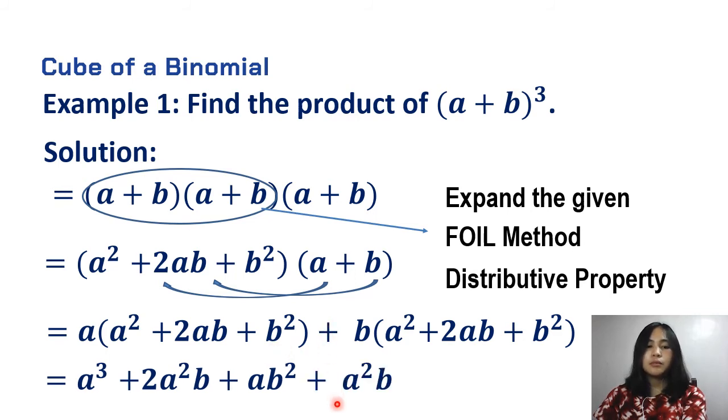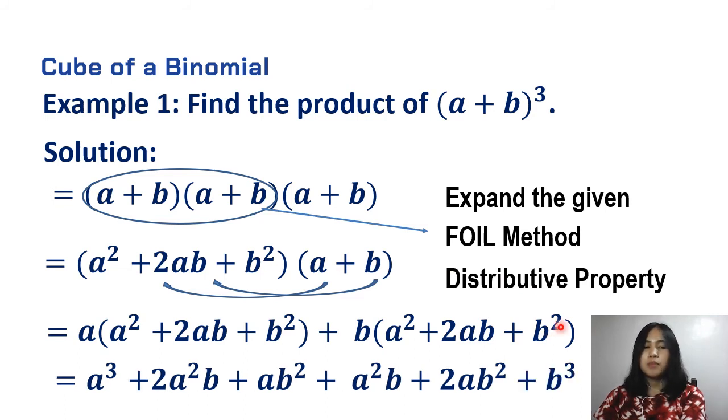Plus, a squared, since we multiplied b kay a squared, so plus a squared b. Now si b, i-distribute na to kay 2ab. Si b, tapos b na po, it becomes 2ab squared. Now si b, i-multiply na to kay b squared, tulo na siya kay b. Therefore, it becomes b cubed.